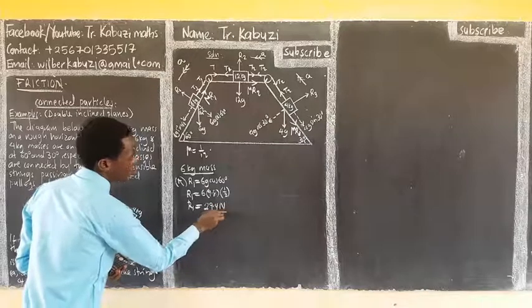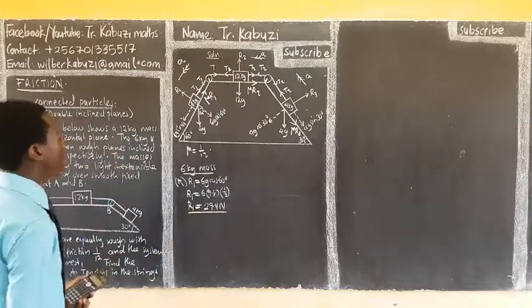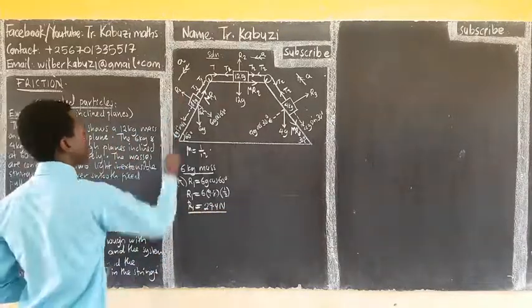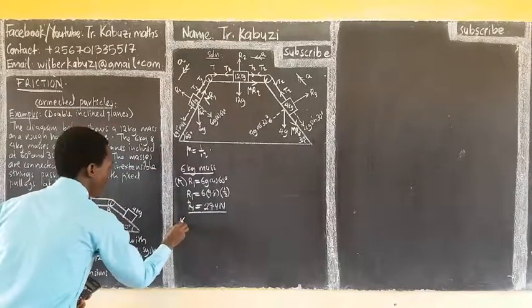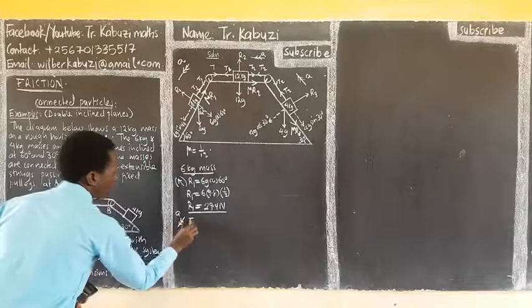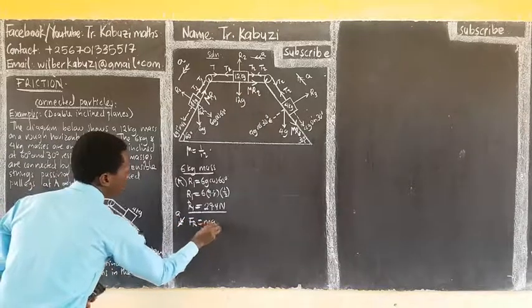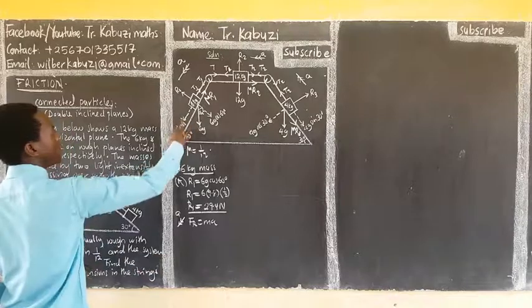29.4 newtons. So I'm done with this. After that, I come to this particle. This acceleration is in this direction. That's where the acceleration is in that direction. So our resultant force should be equal to ma. So the resultant is pushing it in this direction.